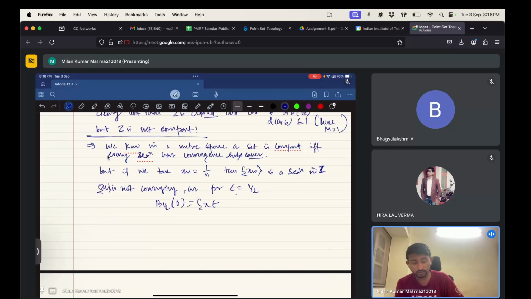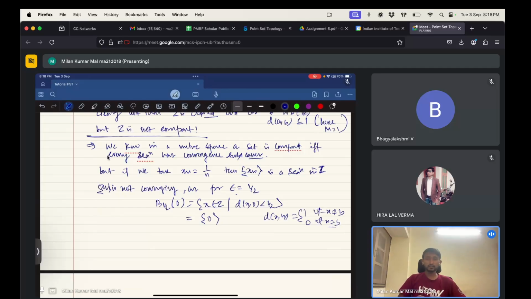All those x belonging to Z or R such that d(x,0) is less than half. But as we know, d(x,y) is 1 if x is not equal to y and 0 if x equals y. So this set only contains 0. So xn is not converging.